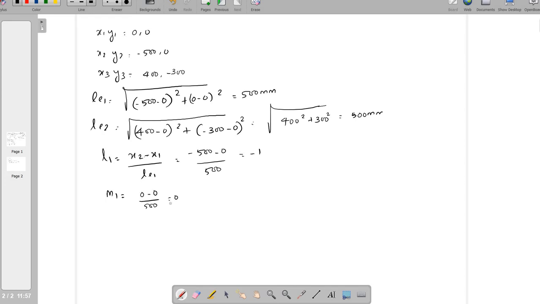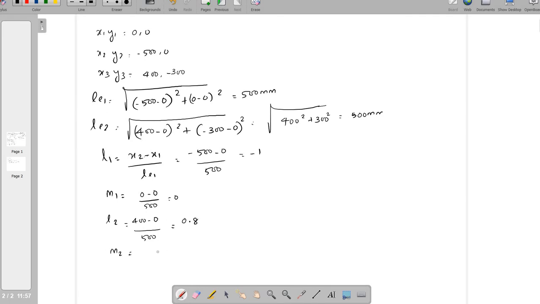So it is 0. L2 is 400 minus 0 by 500. 400 by 500 is 0.8.